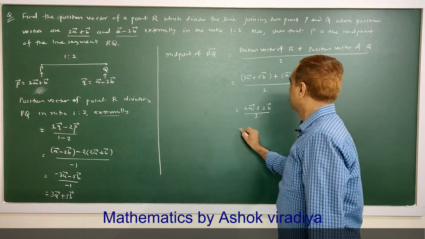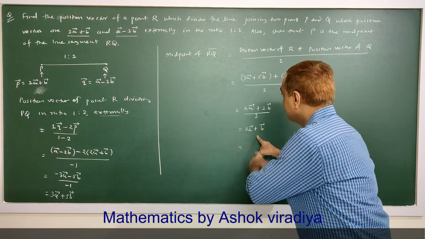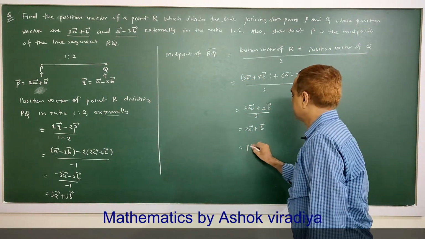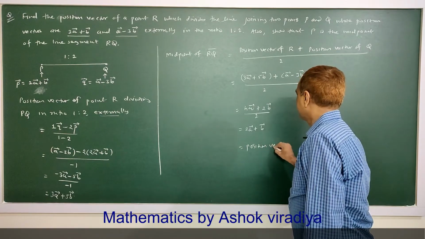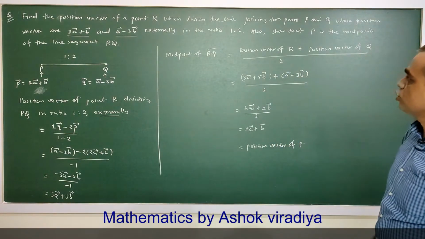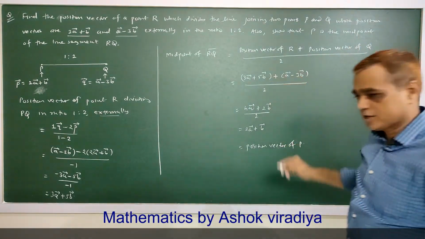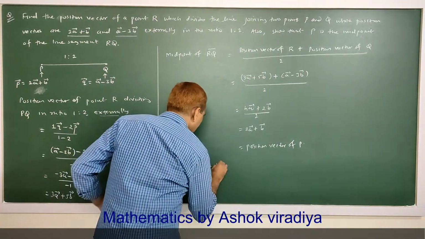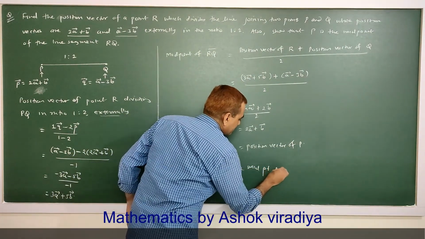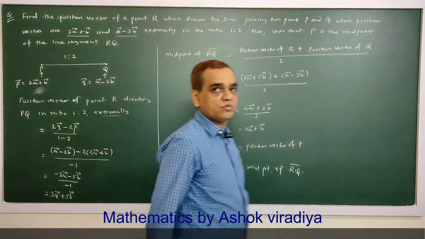So this is 2 times vector A plus vector B, and it is the position vector of point P. So what is proved? P is the midpoint of RQ. Therefore, P is the midpoint of line segment RQ.